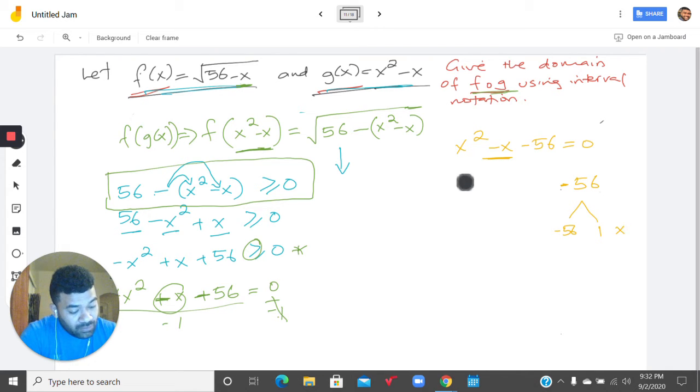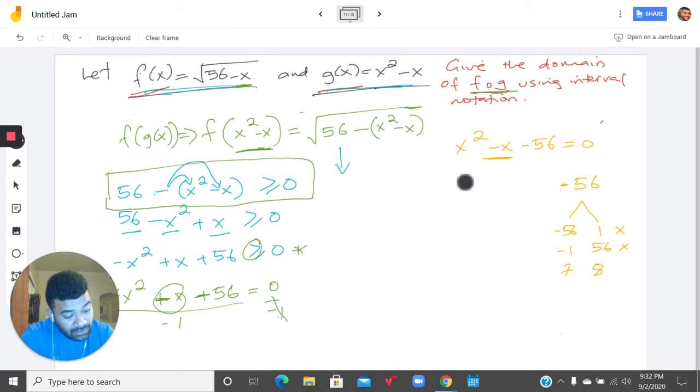And then I'm going to go with negative 1 and 56. Negative 1 multiplied by 56 gives me a negative 56, but when I add them, it doesn't even come close to a negative 1, so that one doesn't work. And then I think of multiples, let's say 7 and 8. 7 multiplied by 8 gives me a positive 56, so I need to make one of these a negative.